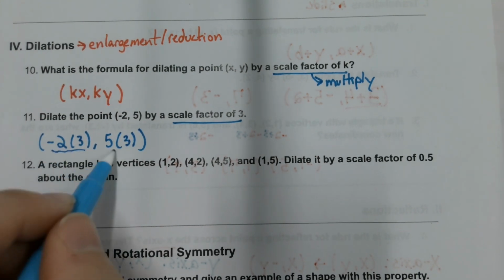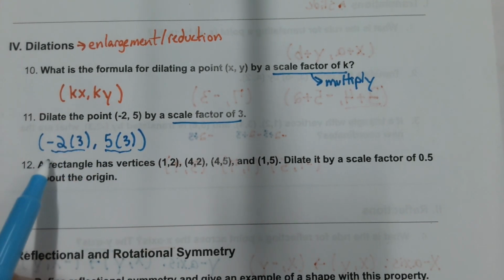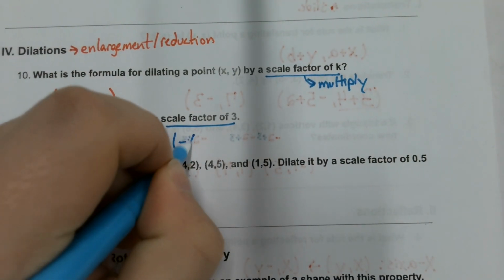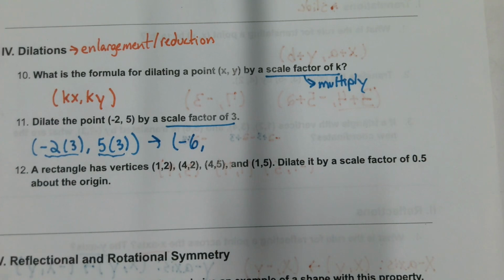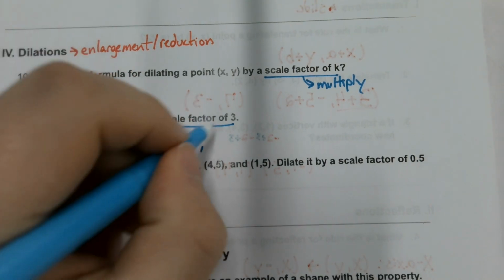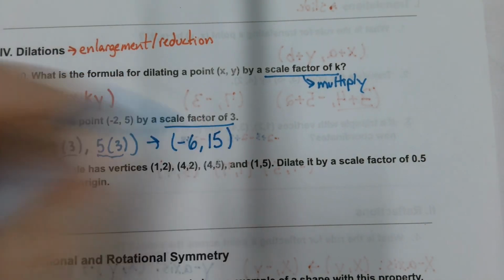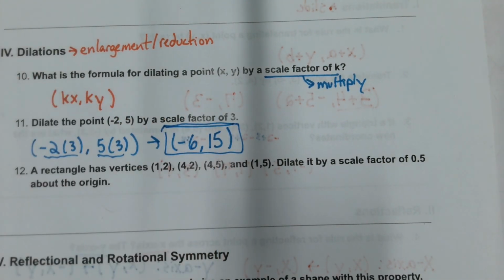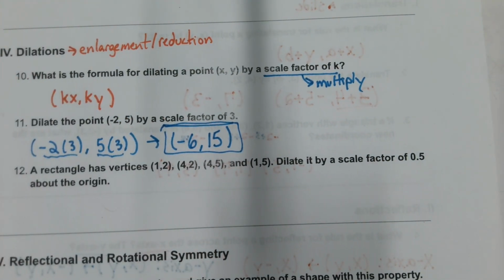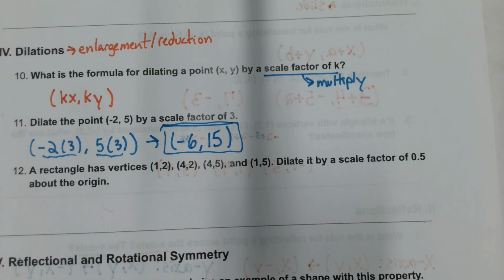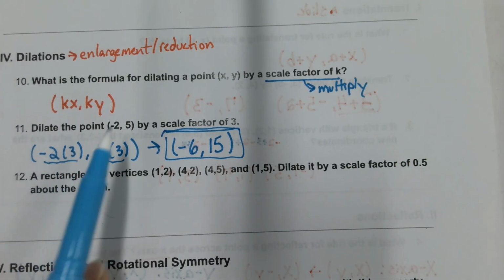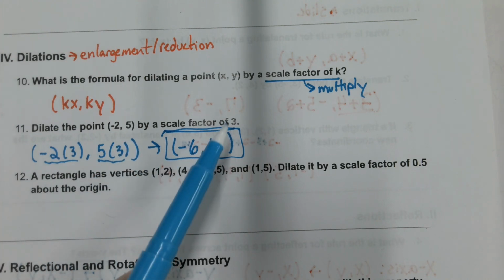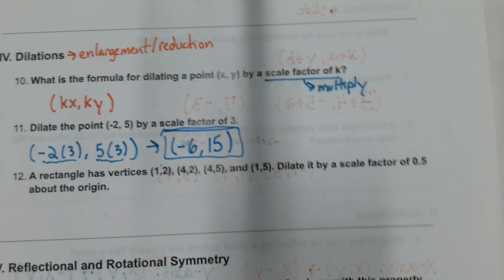And again, if I simplify both of those, negative 2 times 3 is going to be negative 6. And 5 times 3 is 15. So this would be my new point dilated by a scale factor of 3. Again, negative 2 times 3 is negative 6, and 5 times 3 is 15.